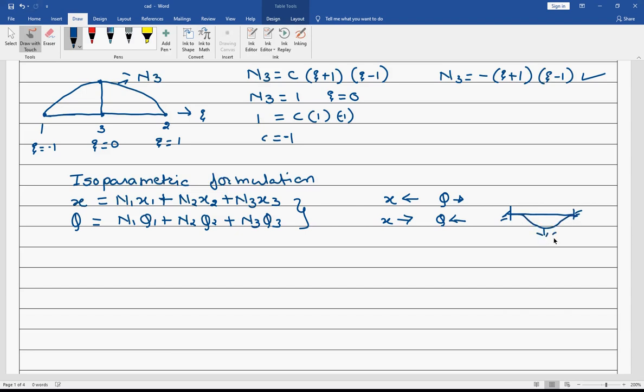Here q behaves as a second order polynomial, whereas x varies as a first order polynomial. In such a case, this will be superparametric.